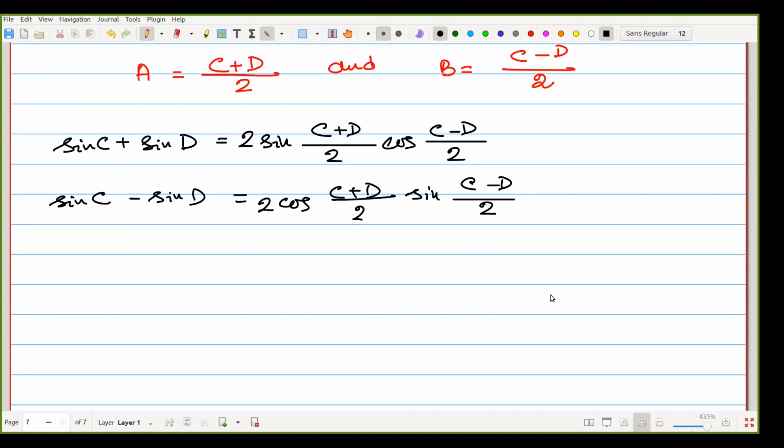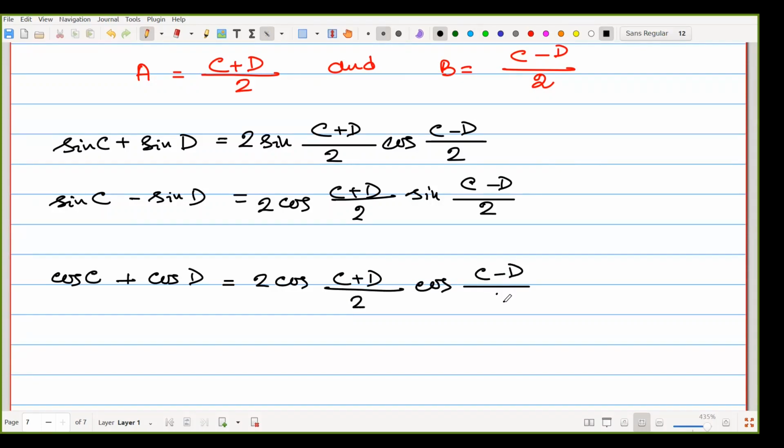Okay, the last two formulas we can write also. That is for cosine, cos C plus cos D is equal to 2 of cos C plus D by 2 into cos of C minus D by 2.